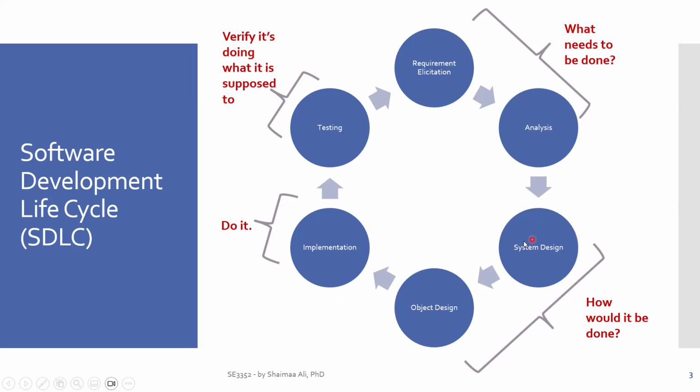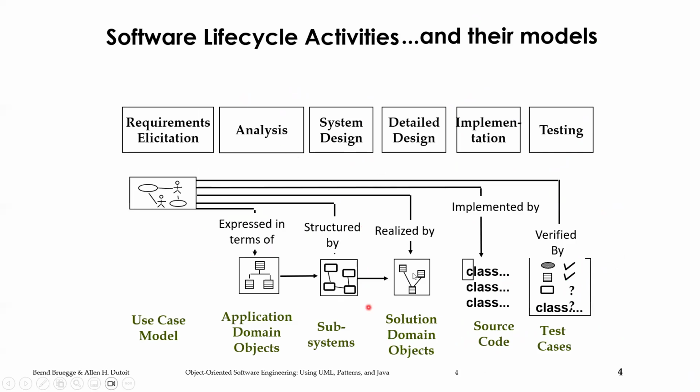Okay, so now we're going to start talking about the system design, which is the closest step to the analysis, to the requirement engineering. Now, if you remember this diagram from the book that you've been using for the 2203, we talked about the requirement elicitation and talked about analysis. Now we're going to talk about this stage of system design.